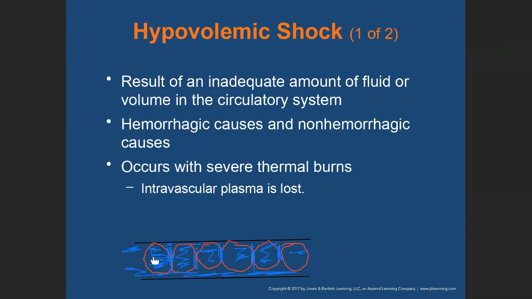Now, when the plasma inside the blood vessel starts to deplete, this is what is going to happen. If it's excessive diarrhea or vomiting, the fluid that is between the cells will shift into the blood vessel. So that fluid is going to start to shift out to fill that space in the blood vessel.